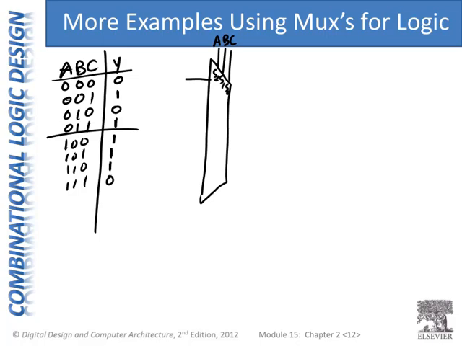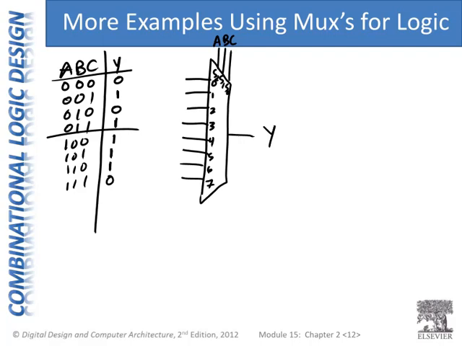And then we have inputs D0, D1, D2, D3, 4, 5, 6, and 7, and our output y. So this is input 0, 1, 2, 3, 4, 5, 6, and 7.